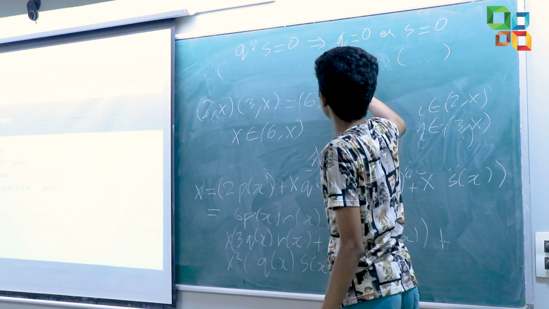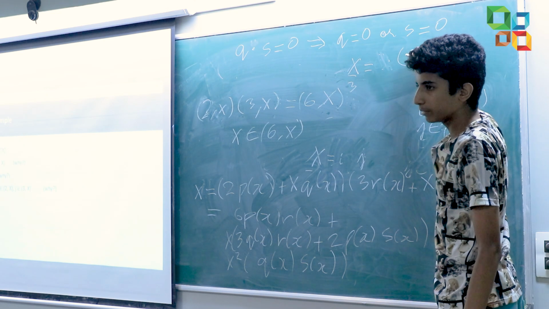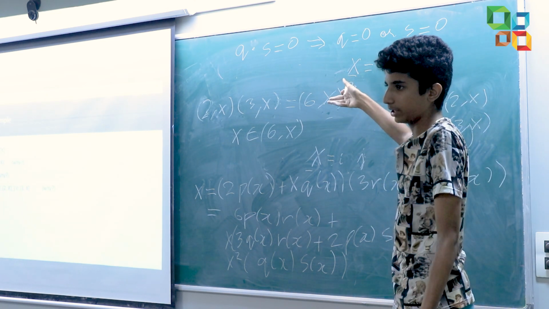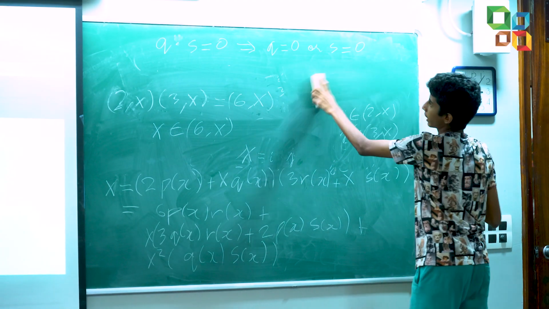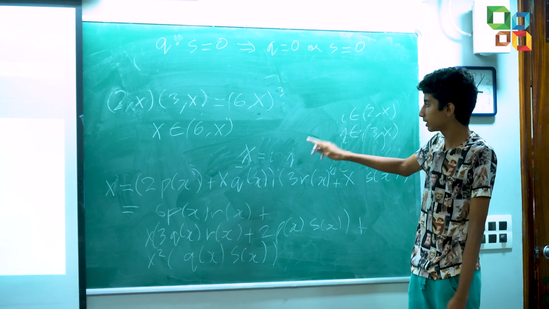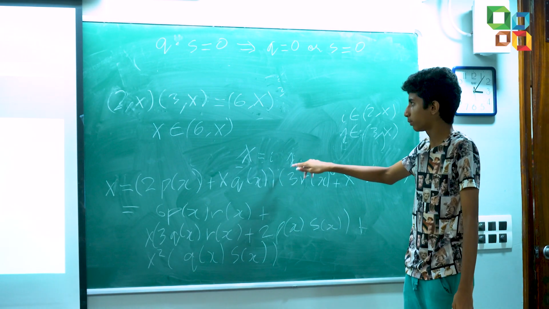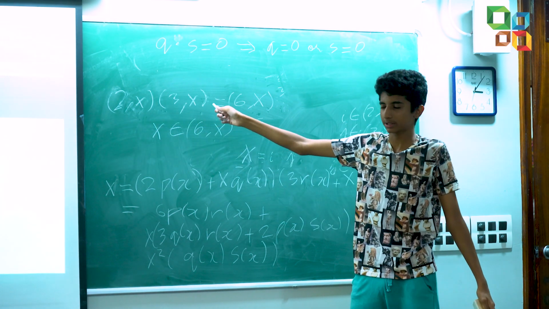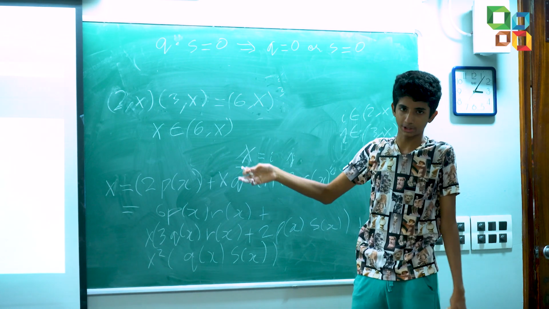But if you divide this by 3, the right side has a polynomial with integer coefficients, while the left side has 1 by 3, which is not a polynomial with integer coefficients. It's a contradiction. So both cases cannot be, which means our initial assumption must have been false, that x can be represented as a product from 2x and 3x, which means we need finite sums.